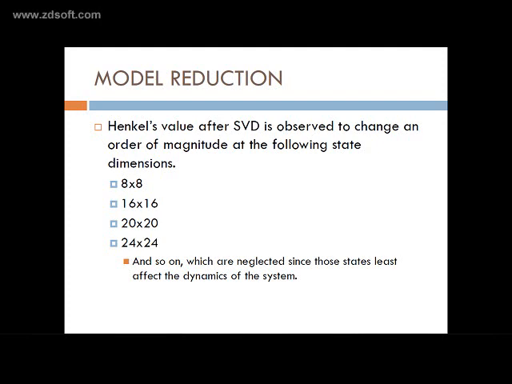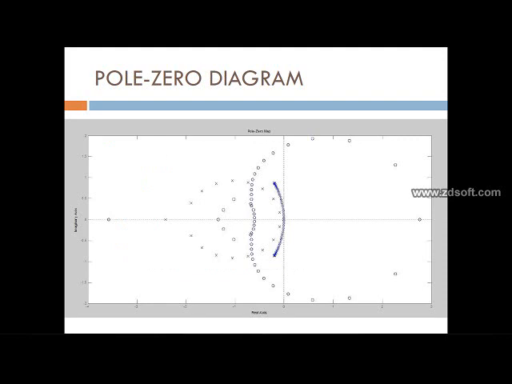There are some decreases in the order of magnitude further also, but these dynamics are neglected because they least affect the complete system, which can be seen from the pole zero diagram of the system, in which the poles close to the real axis represent states that dominate the system, and the other states which are spread throughout least affect the dynamics of the system.